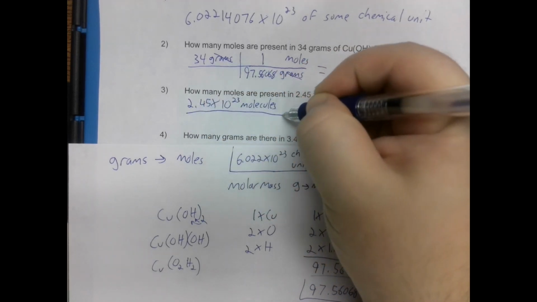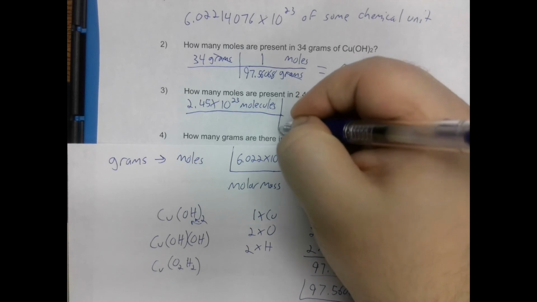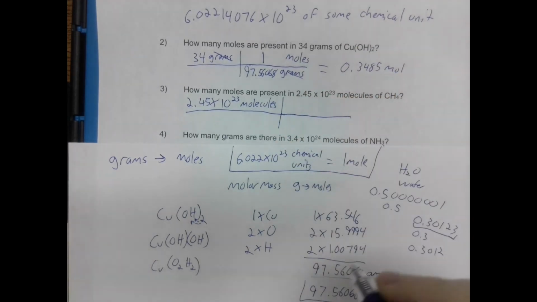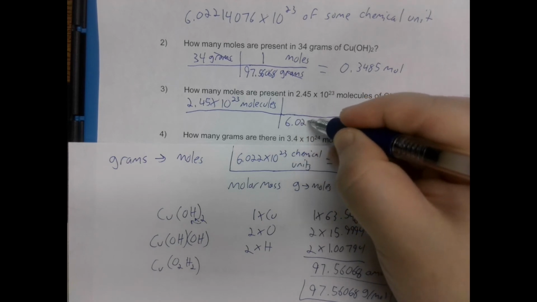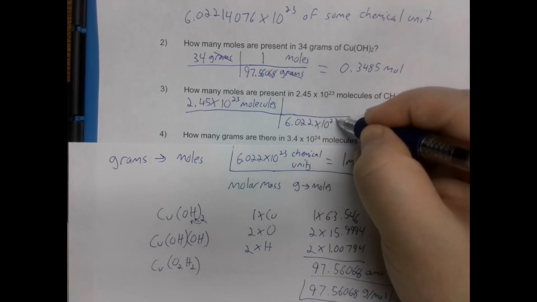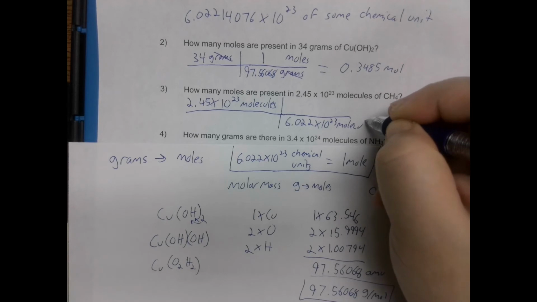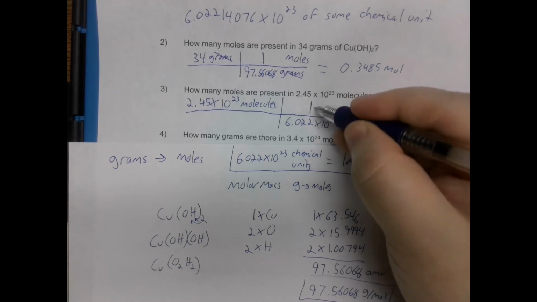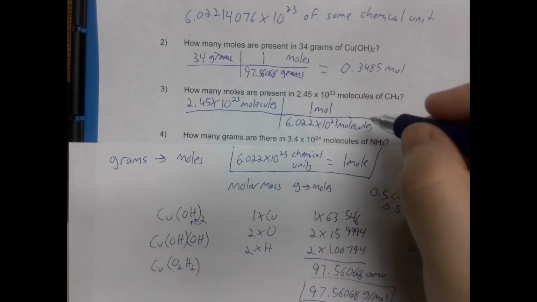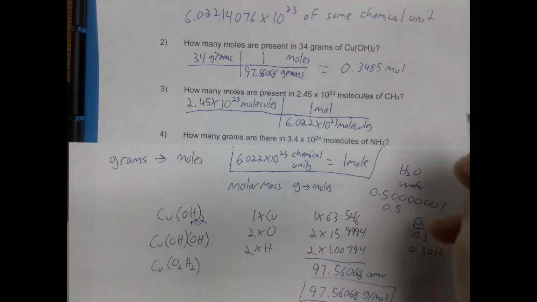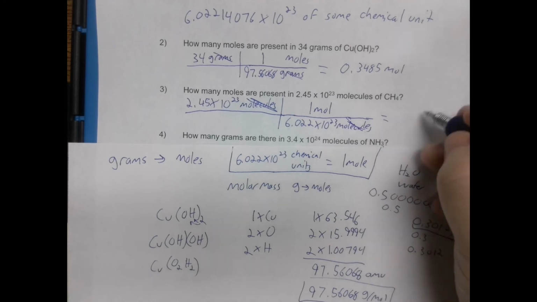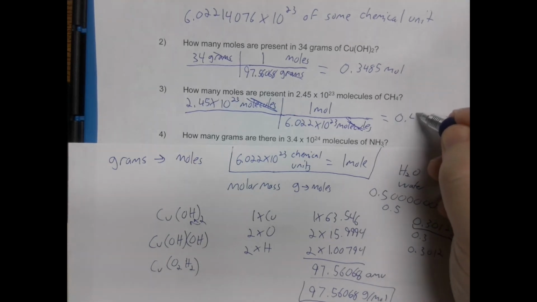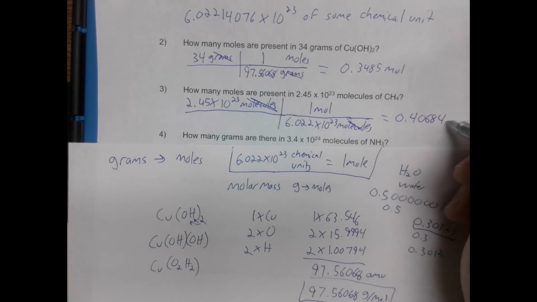If you put MOL, it's moles. So you have to write the whole thing out. And we know that there are 6.022 times 10 to the 23 molecules in 1 mole. Molecules cancel each other out, giving us 0.40684 mole.